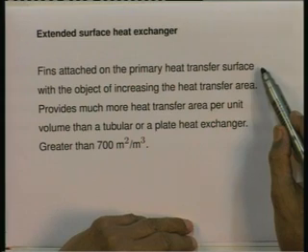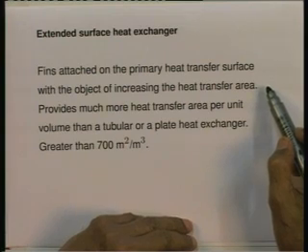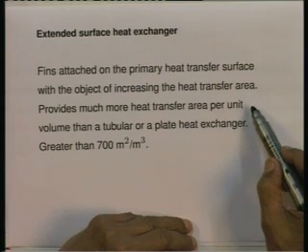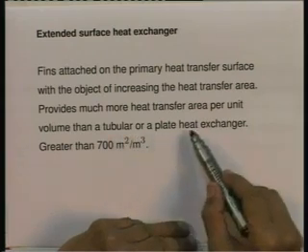Let me first describe it. Fins are attached on the primary heat transfer surface with the object of increasing the heat transfer area, and as a result, because of the fins, one provides much more heat transfer area per unit volume than a tubular or a plate heat exchanger.